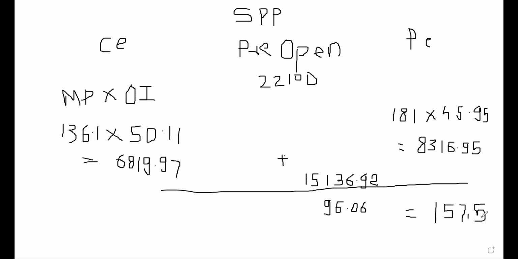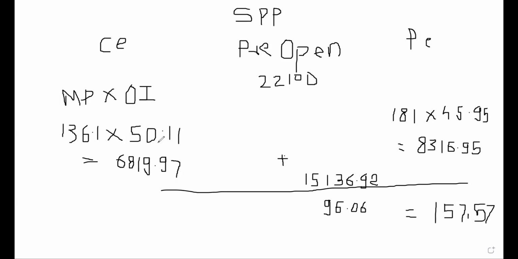Let me reiterate one more time. It's nothing else. Once you get the pre-open, what do you do? It's simple. Select a strike price close to it, and first take the call side. Then you get the previous day midpoint, high plus low divided by 2, multiplied by open interest of call.